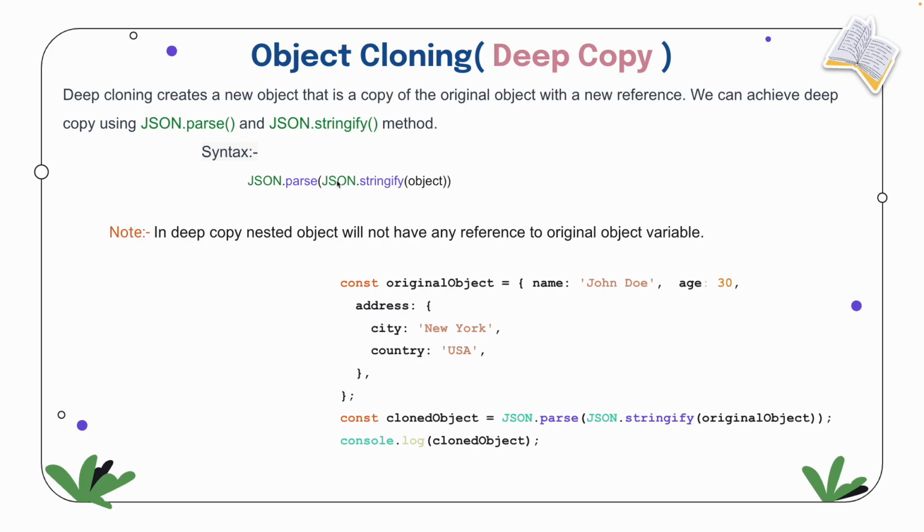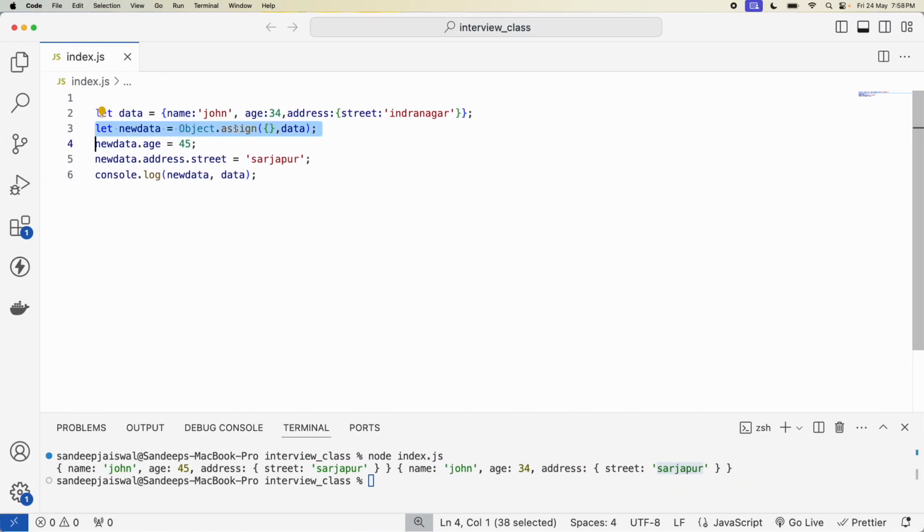For deep copy, we'll use JSON.parse and JSON.stringify on that object while passing it to the other variable. With that, even if a nested value gets changed, the original will not get affected. This has a drawback, though.